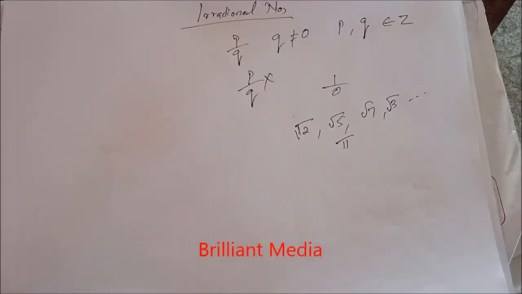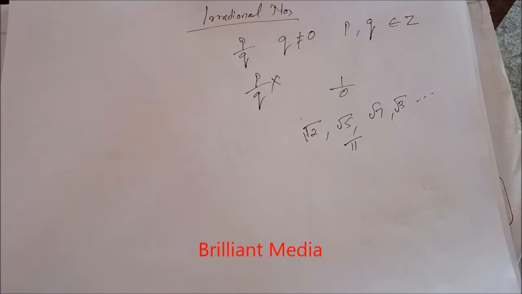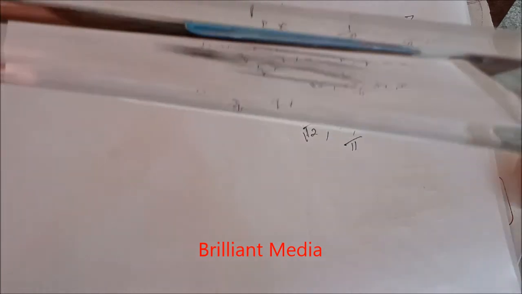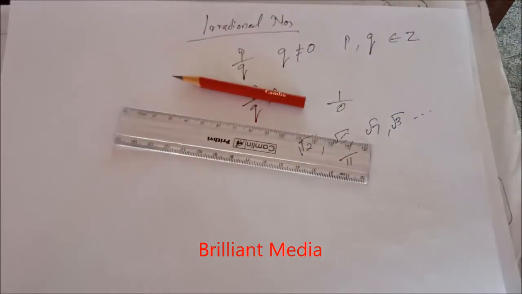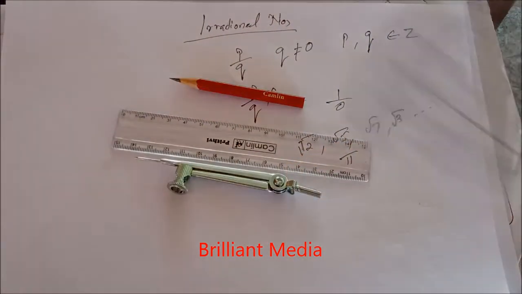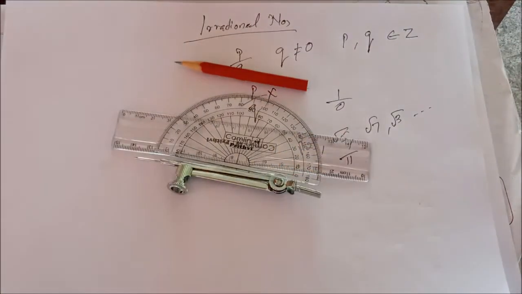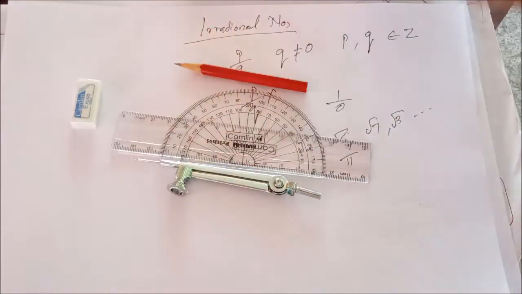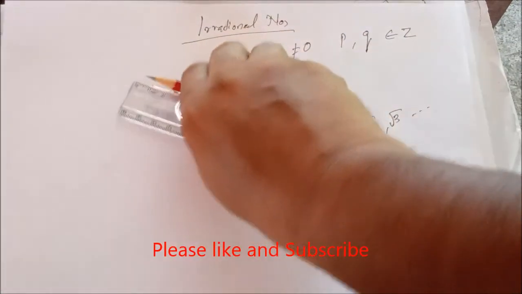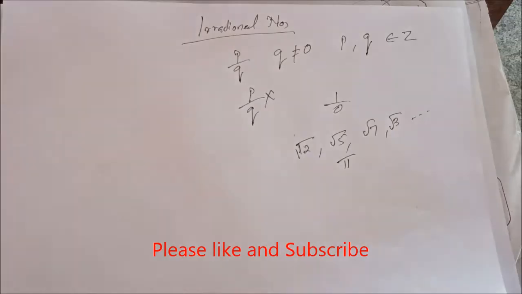Mainly there are two methods for representing that. I will discuss both methods, and whichever is convenient for you, you can follow that one. For that we need a geometry box: a scale, a pencil, a compass, a protractor, an eraser, and a sharpener. So let us learn how to represent these irrational numbers on a number line.